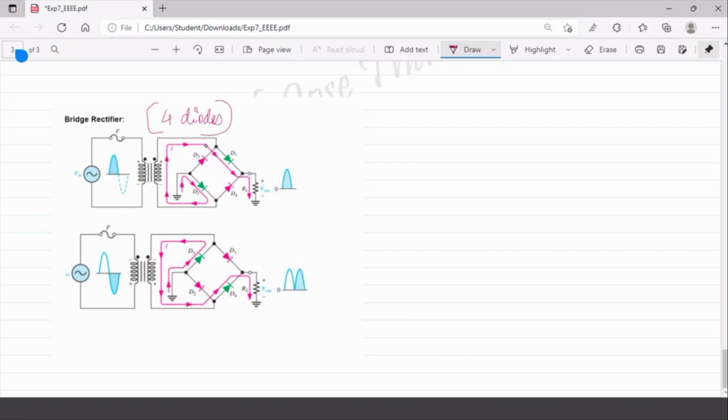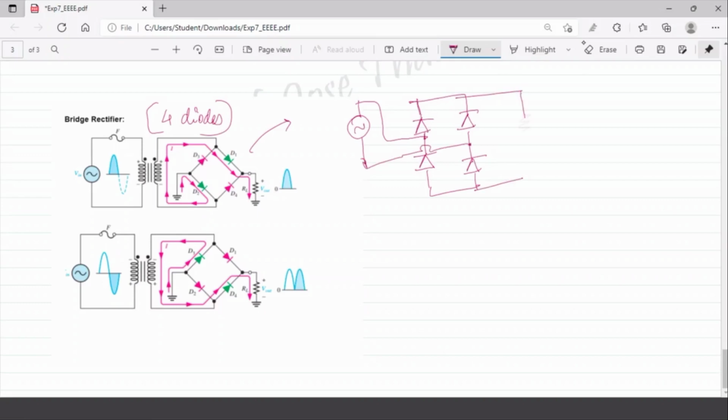4 diodes are required. If I want to redraw this circuit, I can say that this will be your AC source. Another way of representing this bridge rectifier circuit is to draw like this. So 4 diodes are connected in this particular fashion. Positive is connected at this point. Negative of the supply, or the other part of AC, is connected here, and the output is connected across this.